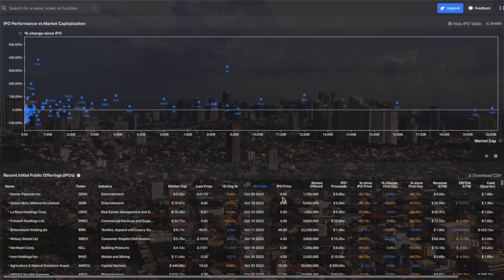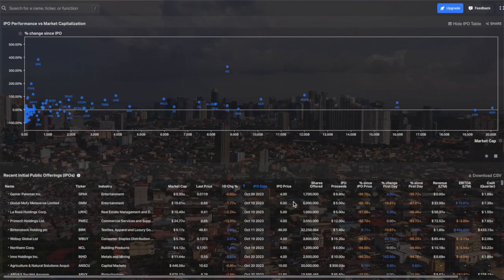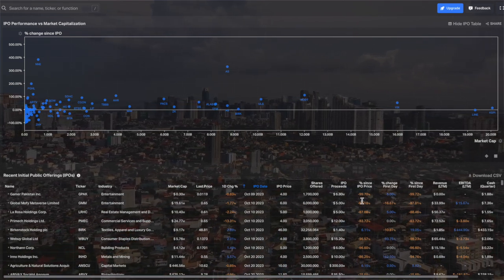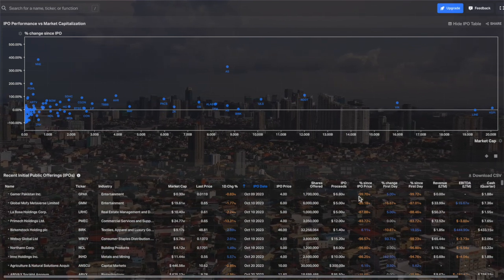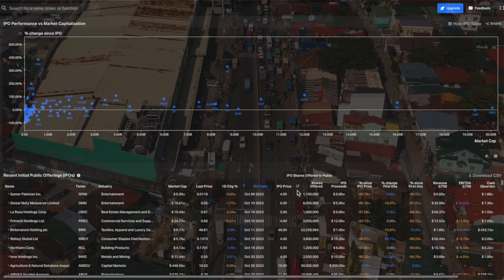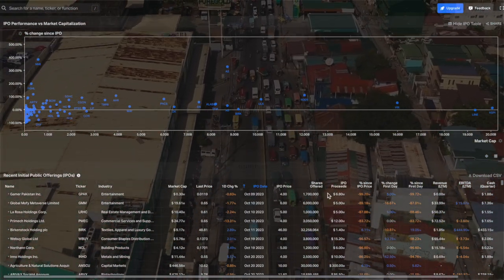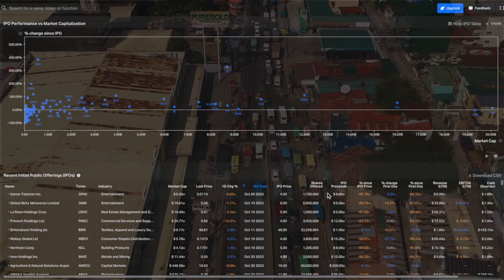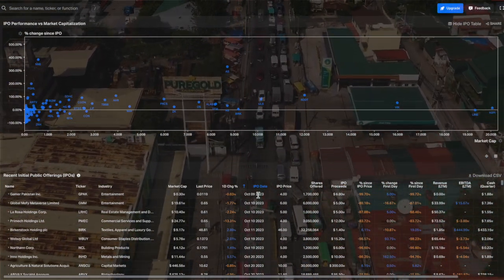As you can see, this stock went from $4 to 1 cent. Since the beginning of the IPO, it was down 99%, so basically 100%. It offered 1.7 million shares for a total of $6.8 million. And that was last year, bang on last year, October 9th.